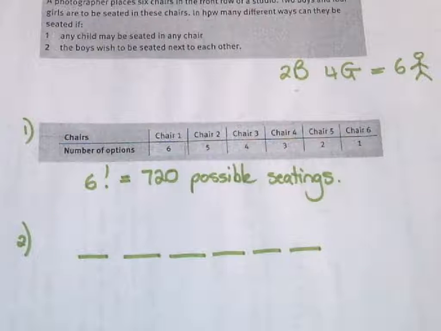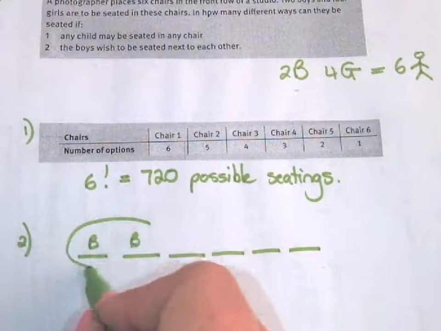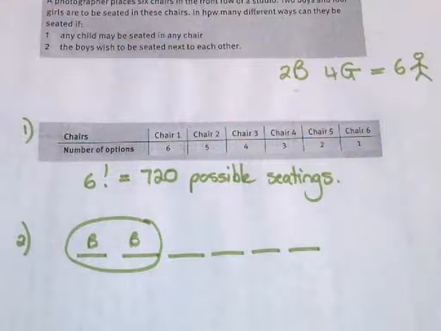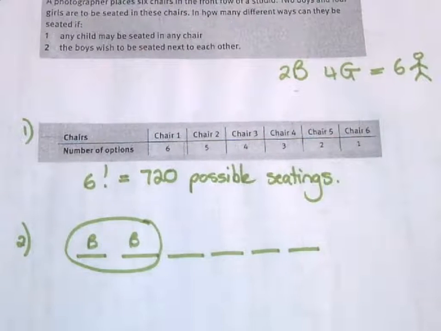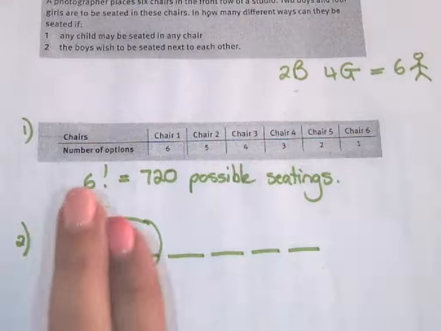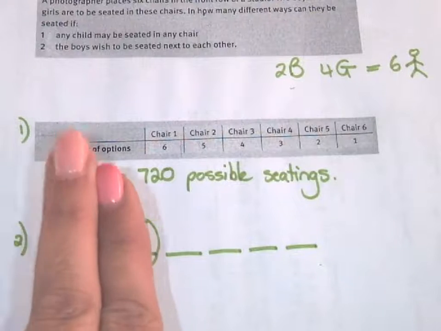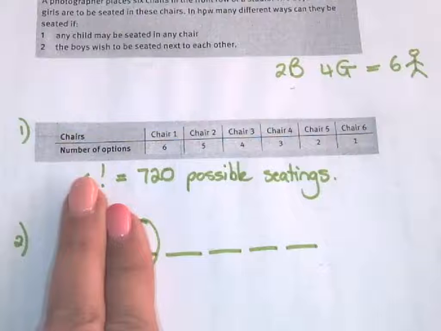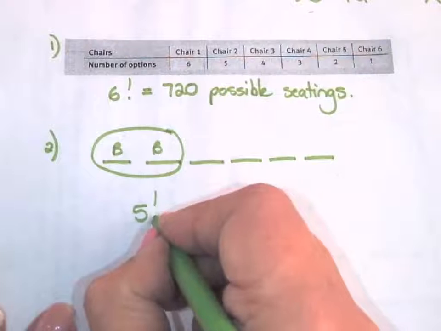Because the boys want to sit next to each other, we treat them as one person, as one unit. So now we have 1, 2, 3, 4, 5 possible ways of arranging the children. Do you agree? The 2 boys sit next to each other, so we treat them as one object. Then that is 5 possible seatings. So it will be 5 factorial.